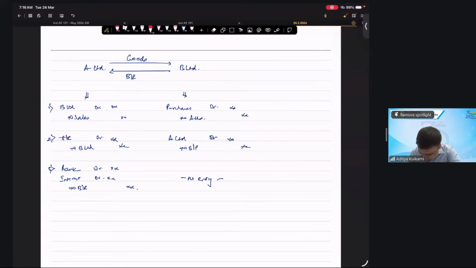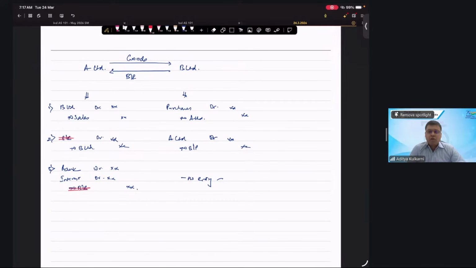Bills receivable debit, bills receivable credit is getting knocked off. Yes or no? Am I right? This entry is as per accounting standards. Under the accounting standard regime, this entry is totally fine.